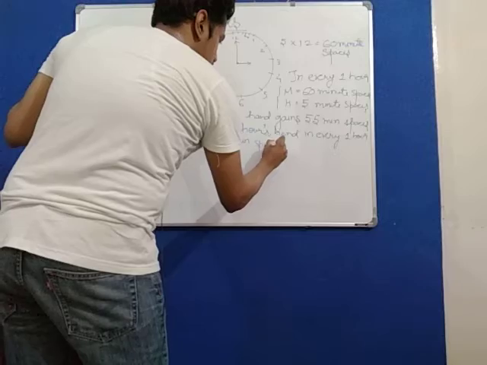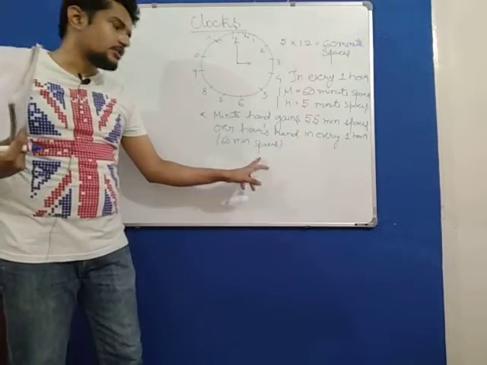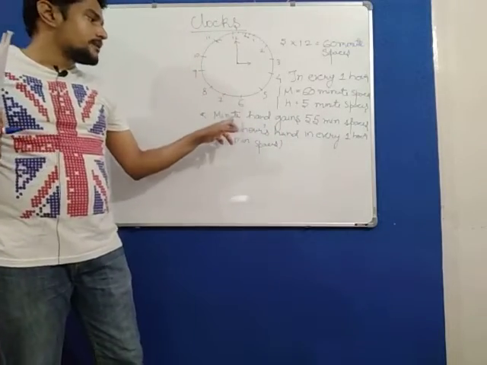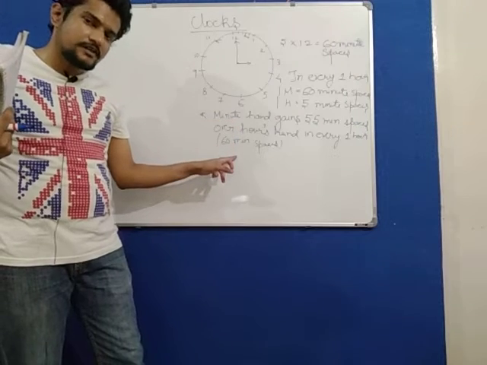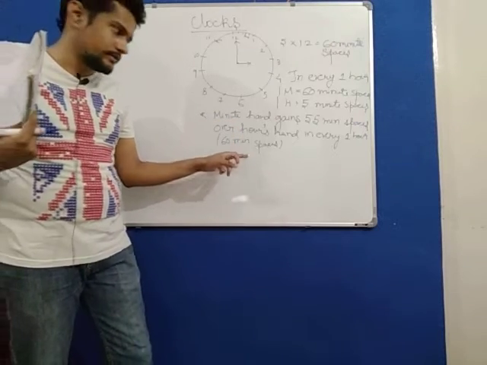So this is the first important concept that we come across in the clocks chapter, and that is the minute hand gains 55 minute spaces over the hour hand every 1 hour.